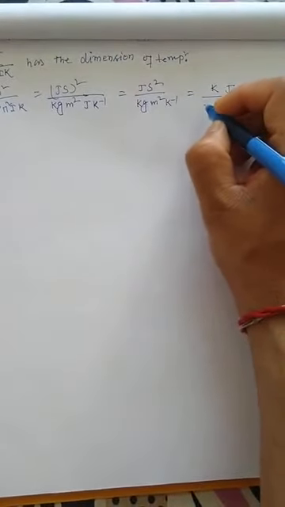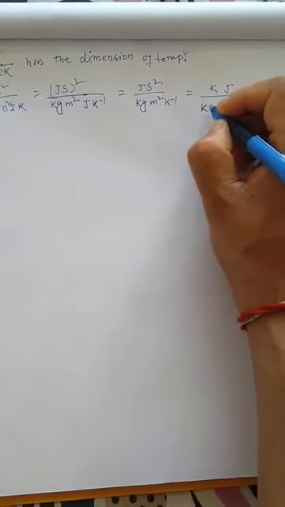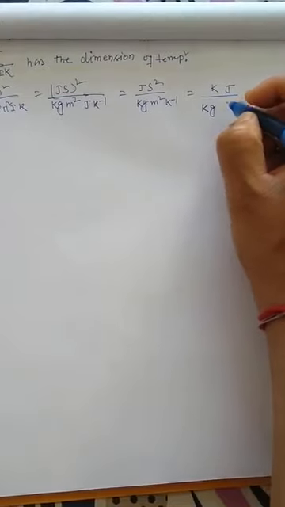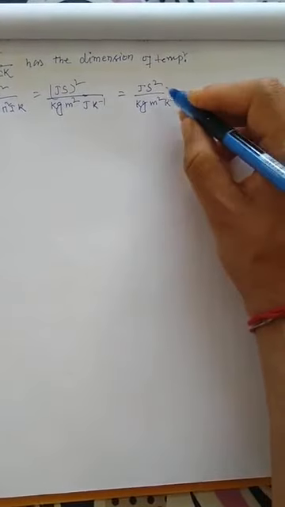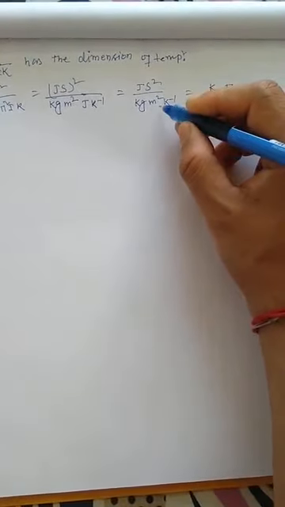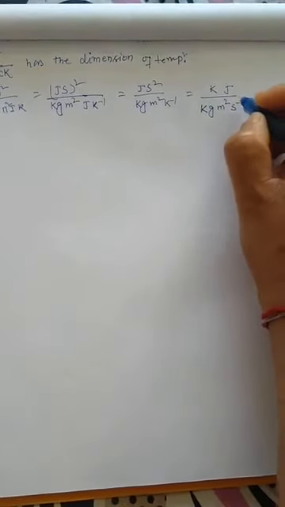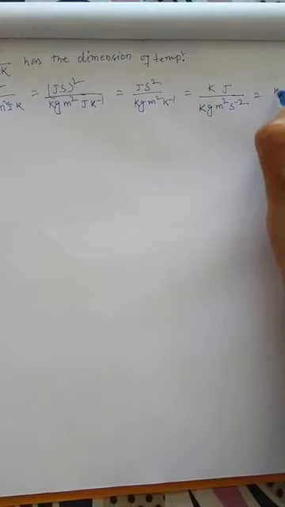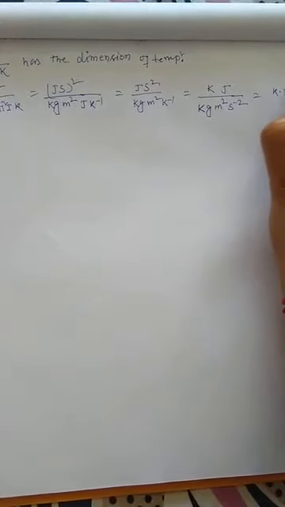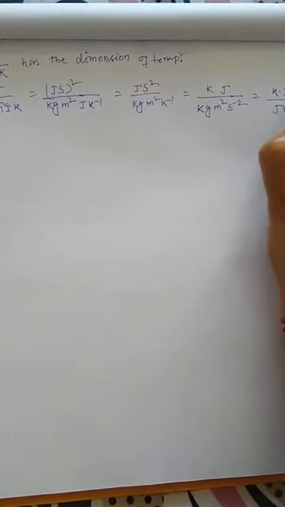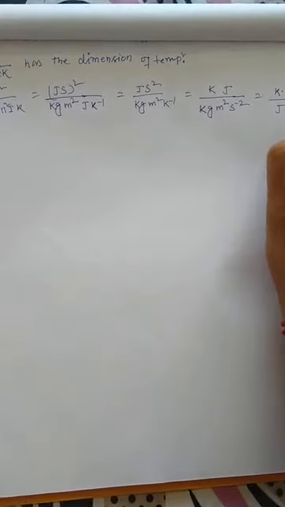Kilogram meter square, and this second square, if I put it here, becomes second to the power minus 2. So it becomes Kelvin into joule divided by joule.